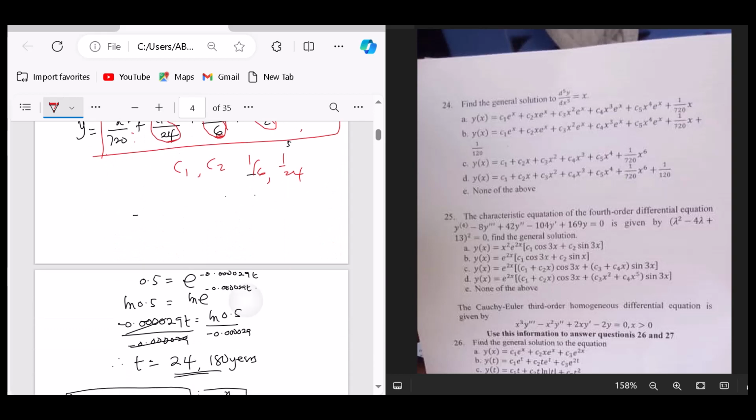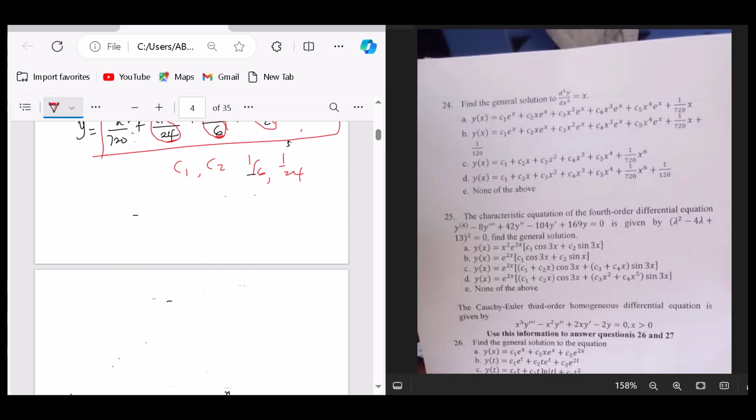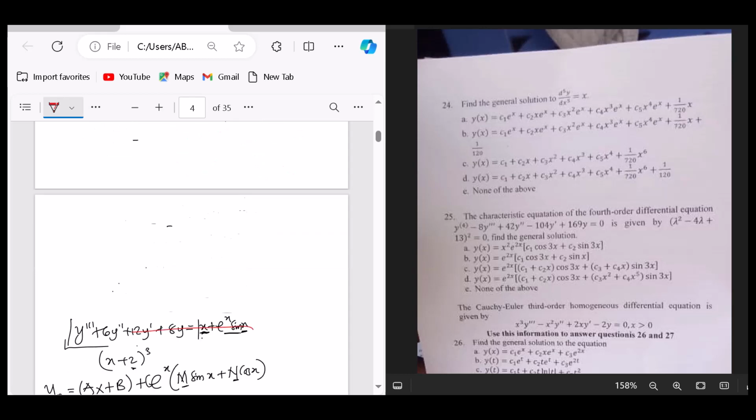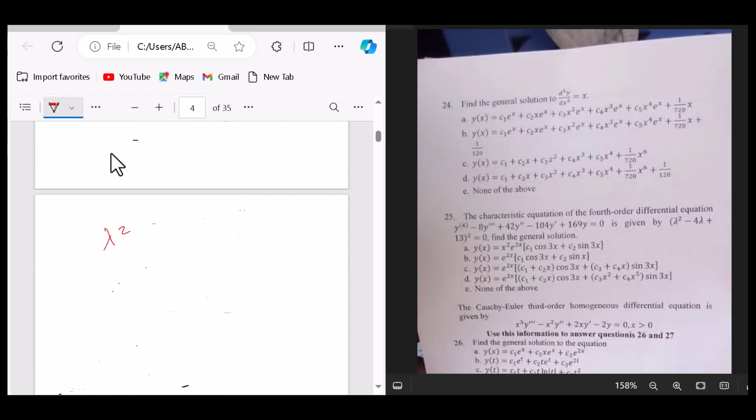Number 25. Let me clean this part. Okay, so we have question 25. They said the characteristic equation of the differential equation is given by, so they've given us the characteristic equation, which is (lambda squared minus 4 lambda plus 13) all squared equals 0.